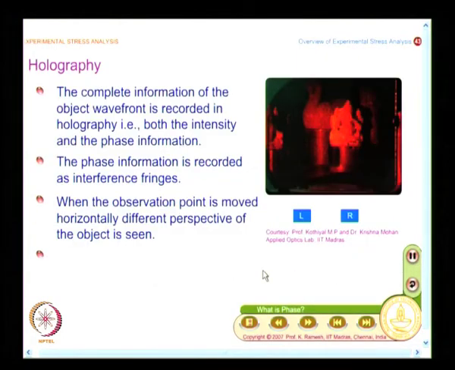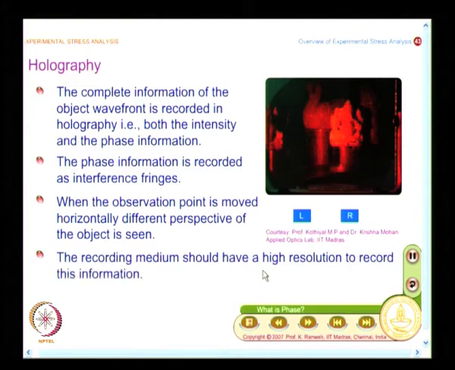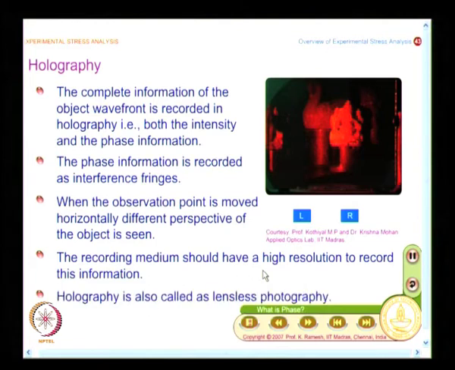What I find is that the recording medium should have a high resolution to record this information, because I am recording both the intensity and phase information. Holography is also called lensless photography, and we have to see further what is the implication of the use of lensless photography and how it is recorded.